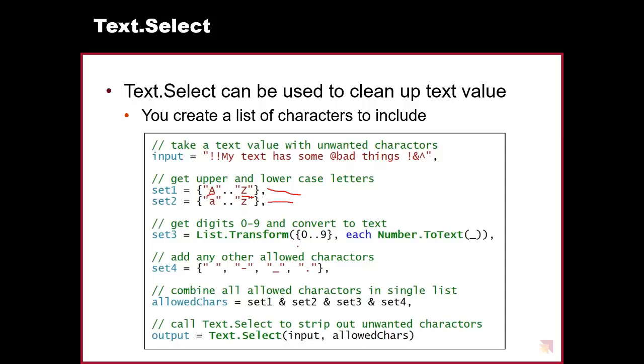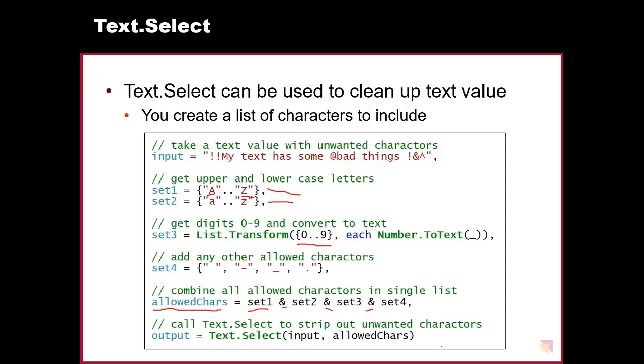And here's a couple other techniques. If I want to get the digits 0, 1, 2, 3, 4, 5, 6, 7, 8, 9. Here's some other characters. And now we're going to build a list. And notice if you have a list, you can use the ampersand to create a union of the values of several lists.